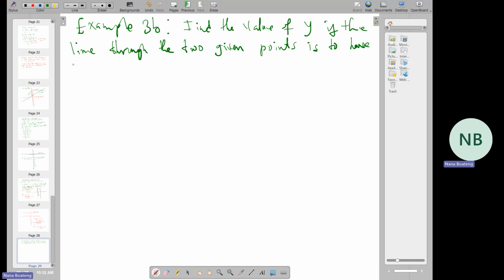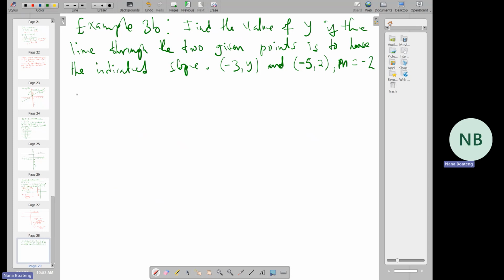So we have the points are (-3, y) and (-5, 2), and the slope m is equal to negative 2.